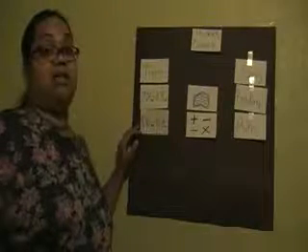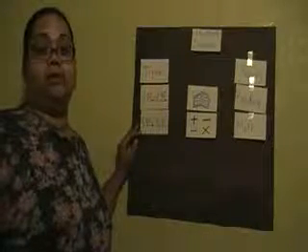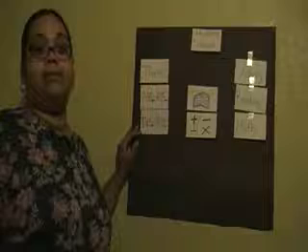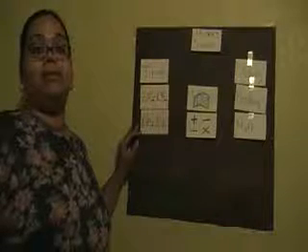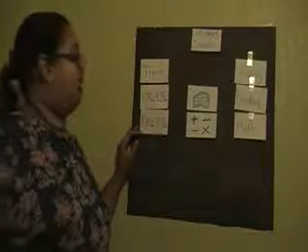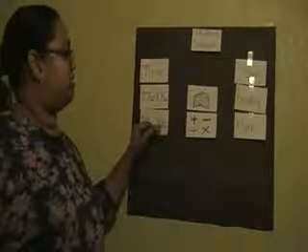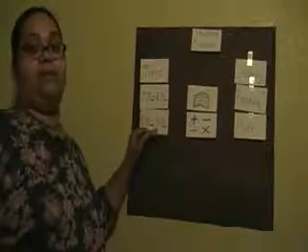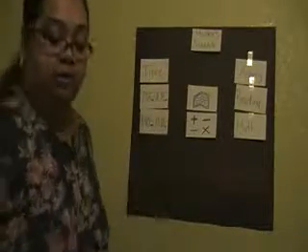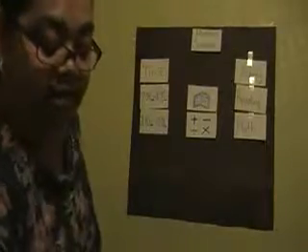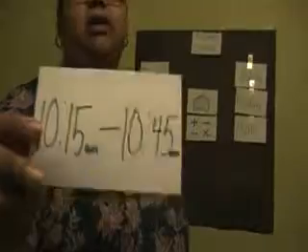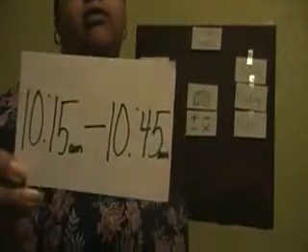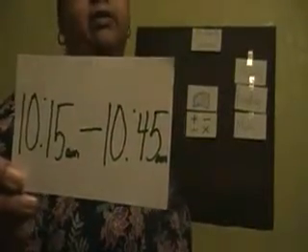Now, could our next activity start at 10:30? Yeah, it could start at 10:30 because this activity ends at 10:10. So our next activity actually starts at 10:15. It goes from 10:15 to 10:45. So we're going to put our next time up there.